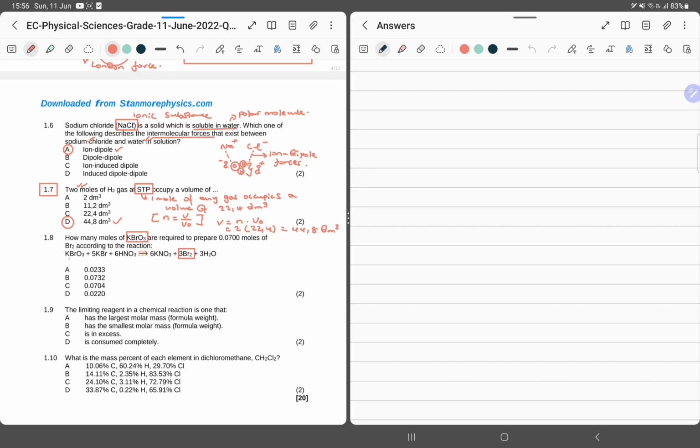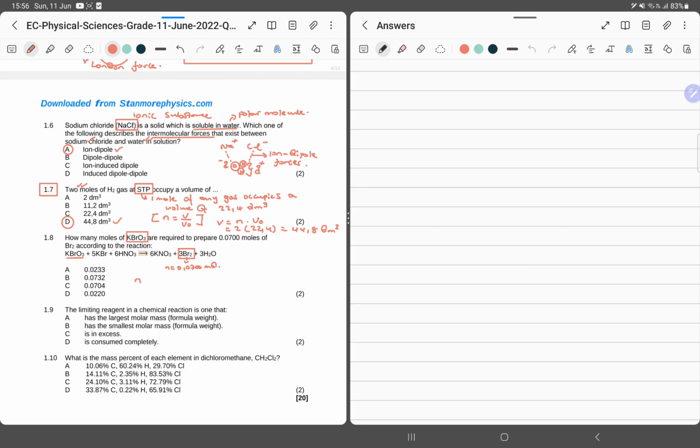Great, so now we want to compare these two. Now we know here that the number of moles that we got is 0.0700 moles. Now what do we know? The molar ratio is that 1 mole of potassium bromate produces 3 moles of bromine. So now what do we do here?